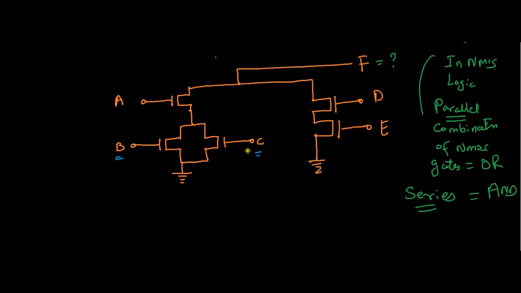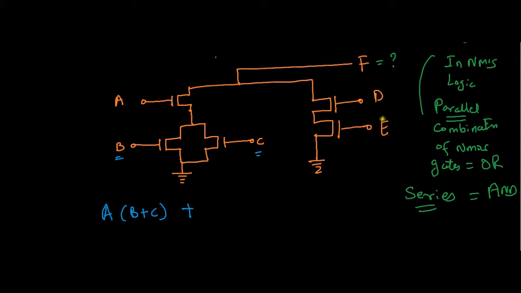B is in parallel with C, and a parallel combination is OR, so this will become B plus C. This B plus C is in series with A, so this will become an AND function. This whole combination A(B plus C) is in parallel with the combination D and E.